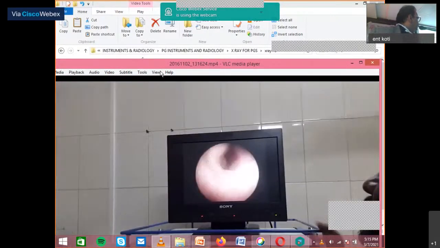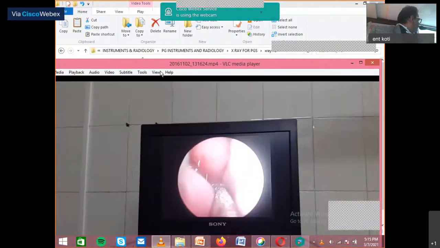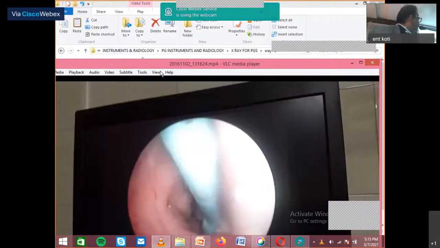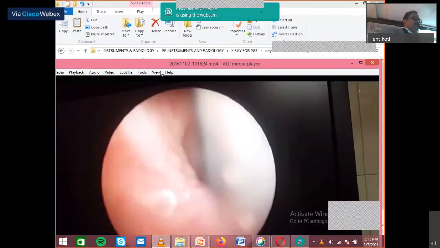Here we're seeing the endoscope inside. This is the broken toothbrush inside the nose. From the nasopharynx, it's projected inside the nose.